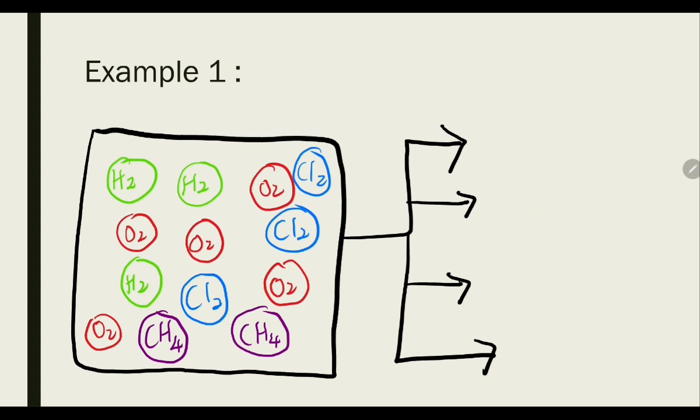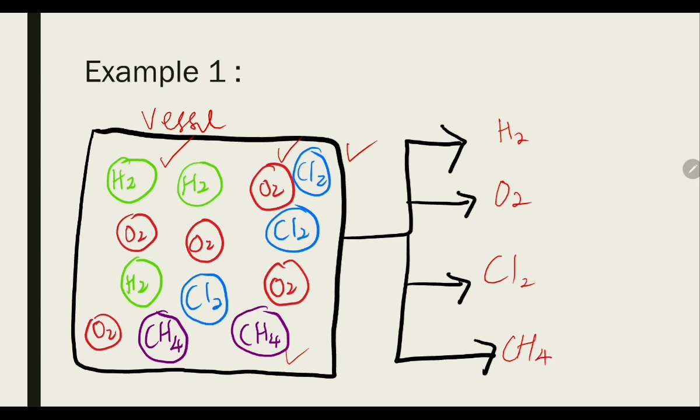Let's look at a different example. This is the first example. In this vessel, I have a mixture of hydrogen gas, H2, oxygen gas, Cl2, and another one, CH4.